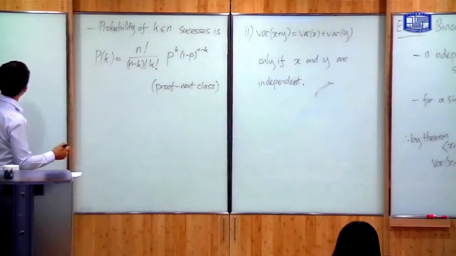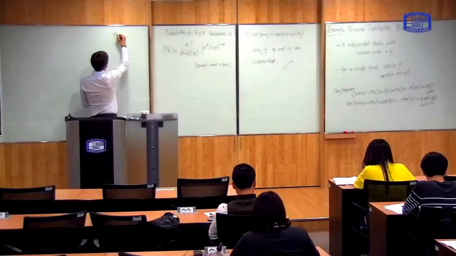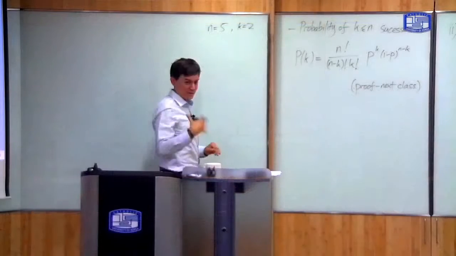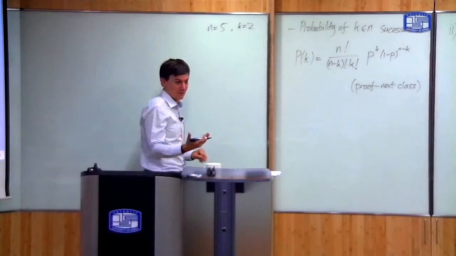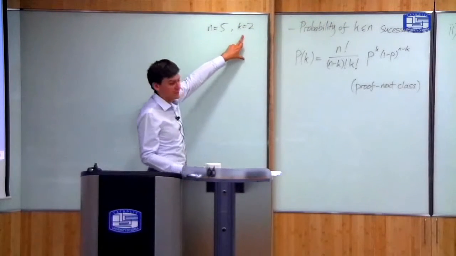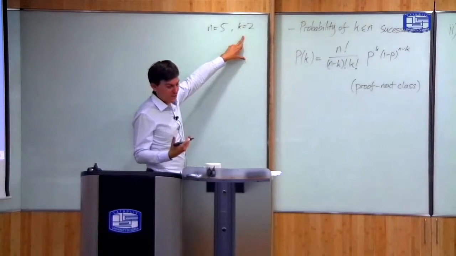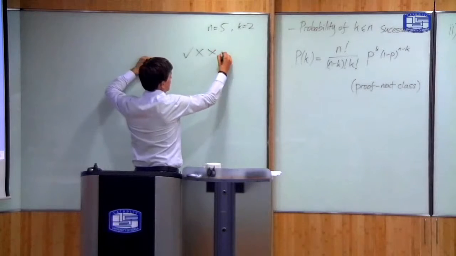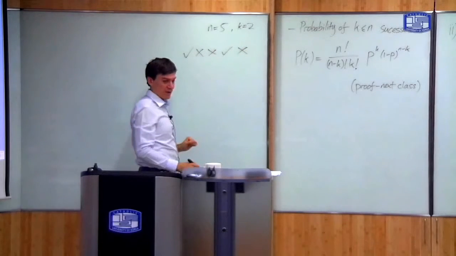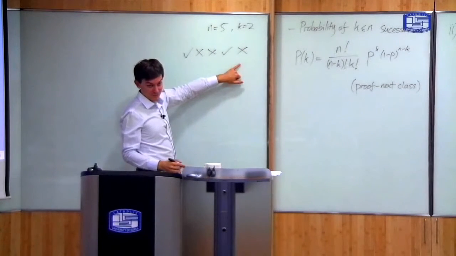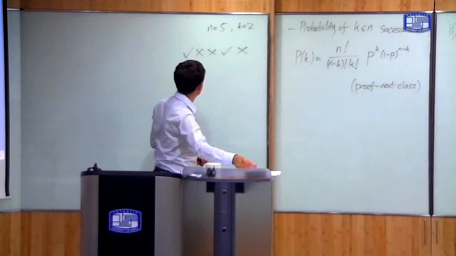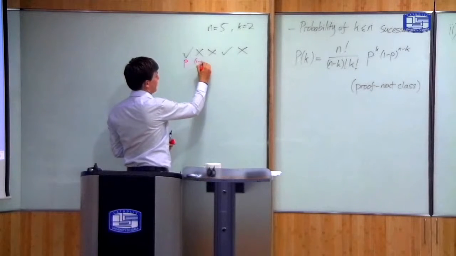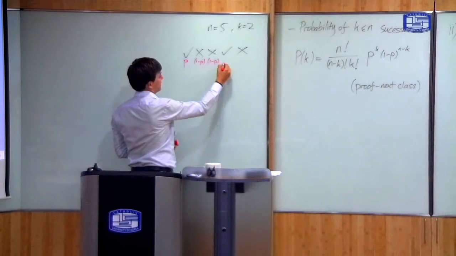Let's suppose I take 5 trials, and I want to know the probability that I succeed twice. How can I do this? I could, for example, succeed and fail and fail and succeed and fail. That's one way I could do it. Here, the probability of success is p, and 1 minus p is the probability of failure.